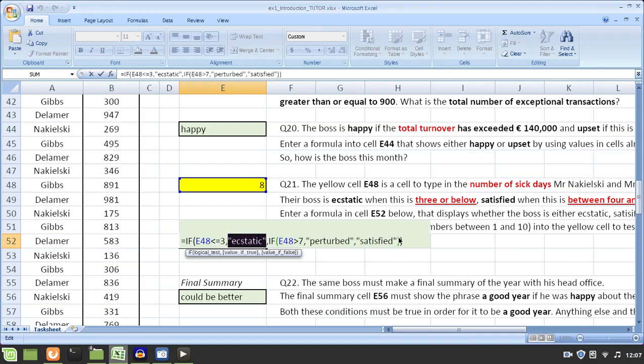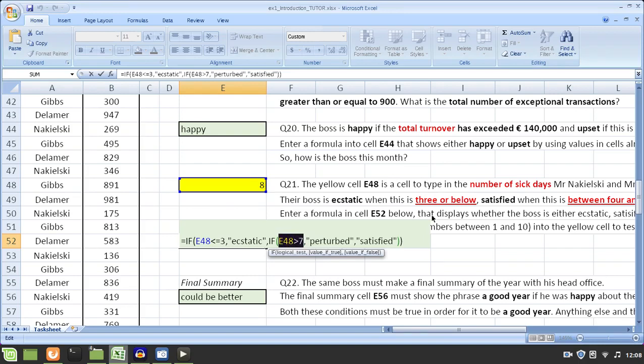If that's not the case, I then have another if statement, and that says if E48 is greater than 7. Now, greater than 7 is my high condition, or my high outcome. So we did the low to start with, and then we do the high. And the high condition is that the boss is perturbed if the number of sick days is greater than 7.